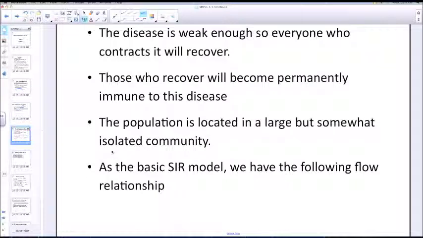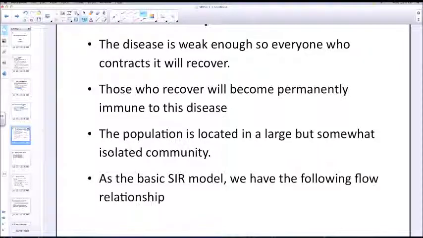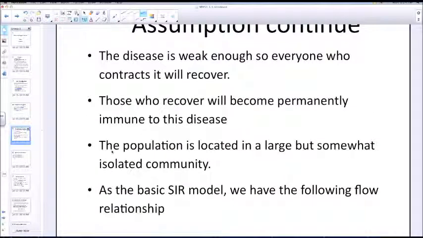So look at the assumptions for that particular disease. We assume there's no death because the disease is so weak, like a common cold. Second, those who recover will be permanently immune to the disease.